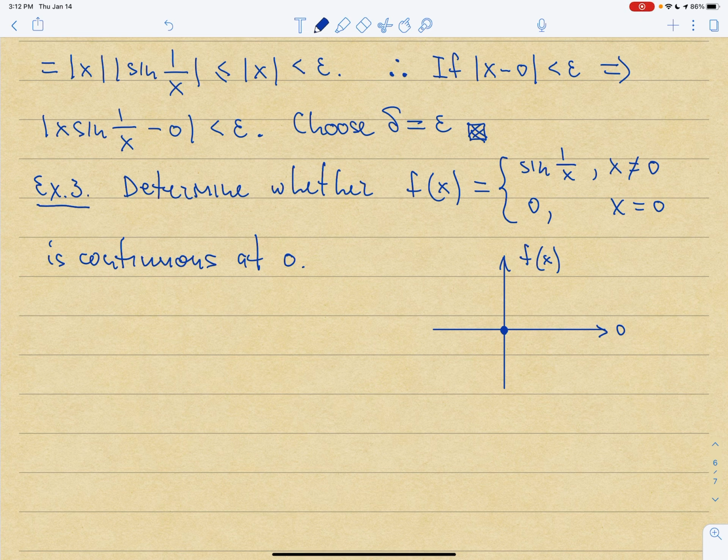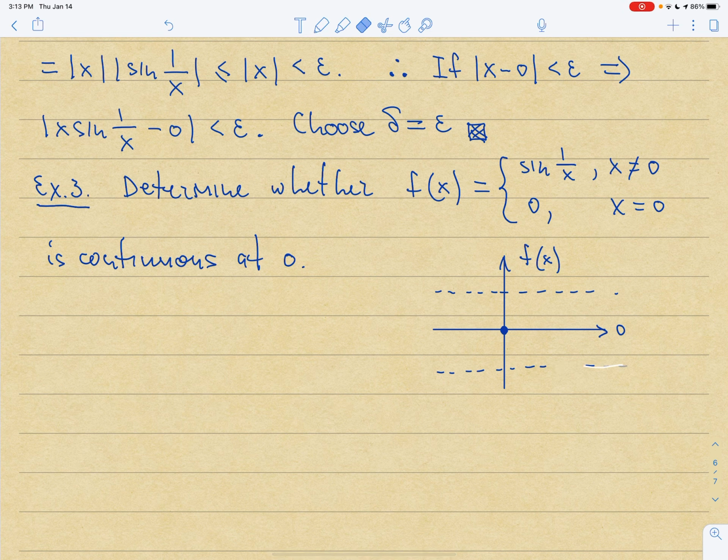Then if I look at sine of 1 over x, what would I see? First of all, I know that sine is always between -1 and 1. So if this is 1, and this is -1, then my graph is always going to lie between these two values.